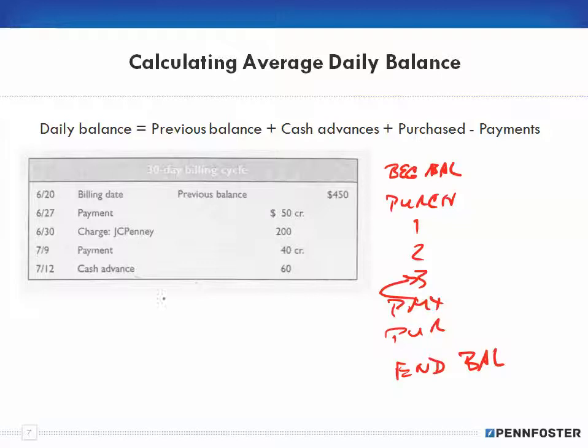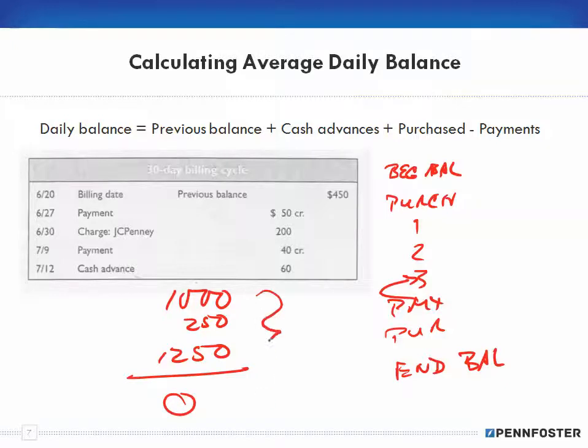Think about it. If I started out with, say, $1,000 as a beginning balance, and I made a purchase of $250, and then I paid off $1,250, well, my ending balance is 0. But how does that help me when I want to know, during that month, what my balance was?